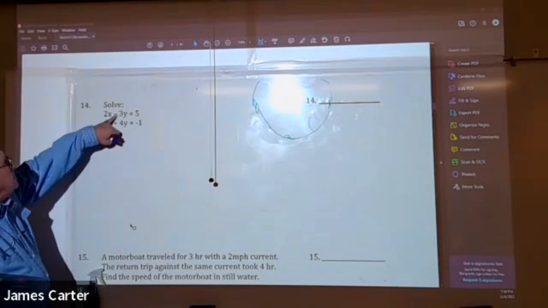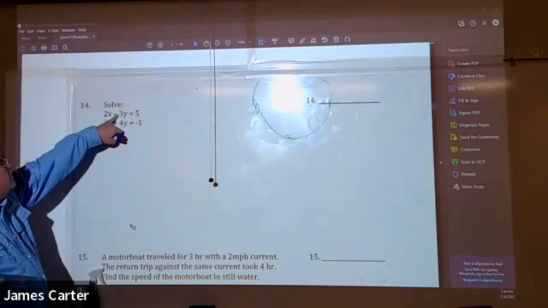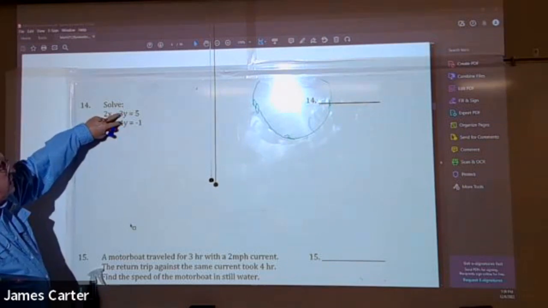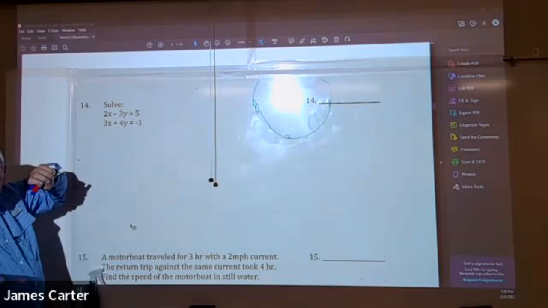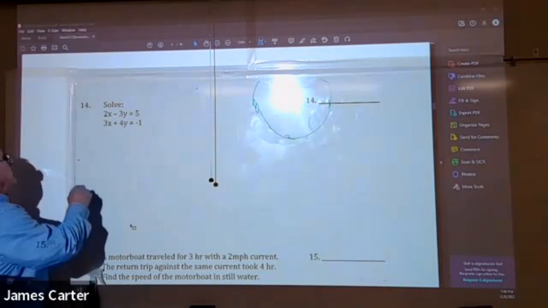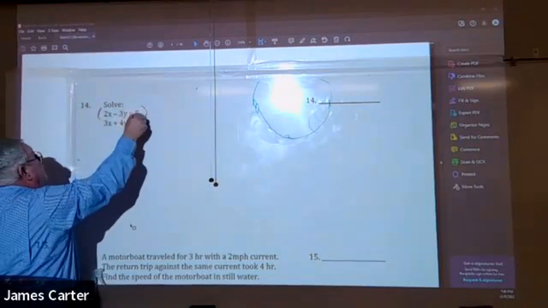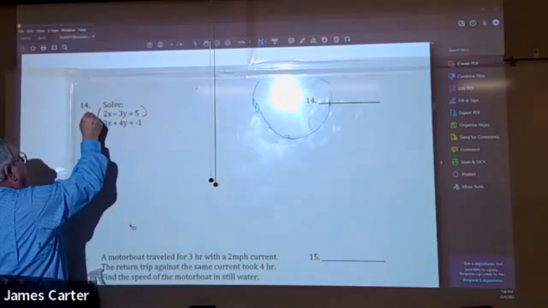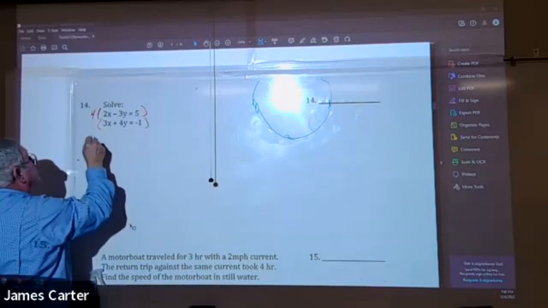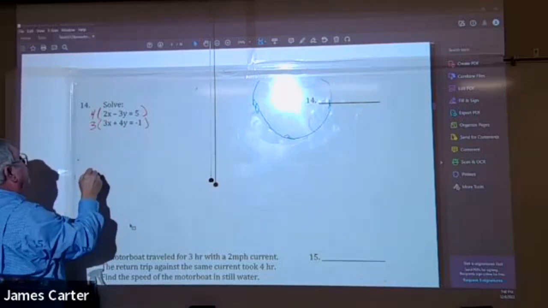I've got opposite signs here, so I might as well take advantage of that. What do I need to make both of these so I can have an opposite pair? Make them both 12s. So I have to multiply this equation by 4 and this equation by 3.